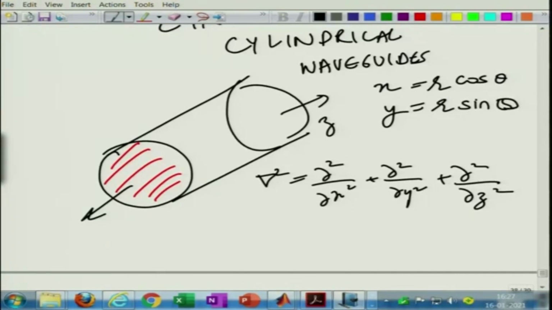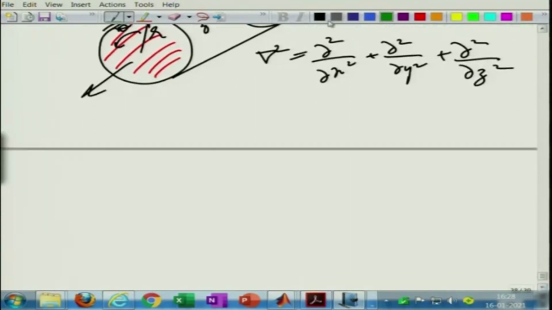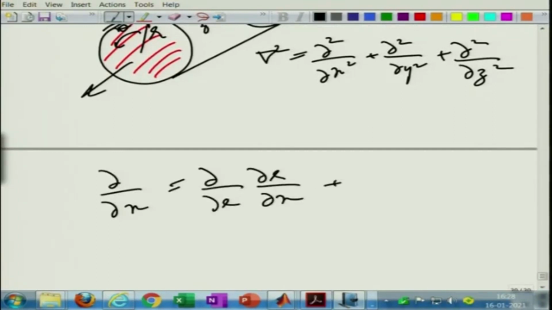Z is this direction, which is the same, and this is your r direction, and this is your theta direction. So, x and y are related to r and theta by the relations that are presented here on the top. So, using our Jacobian matrices, and basically using the conventional rules of partial derivatives, that is, if you want to do this, this can be written something like this plus your theta times x.